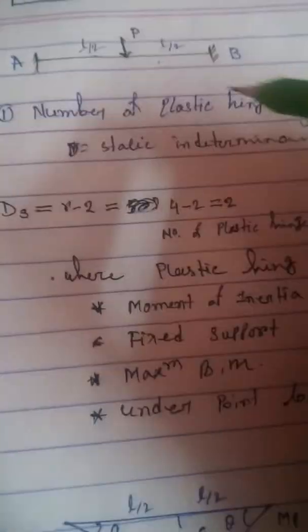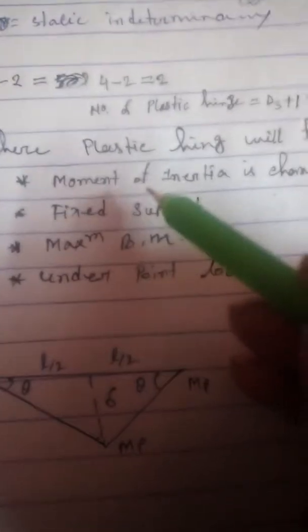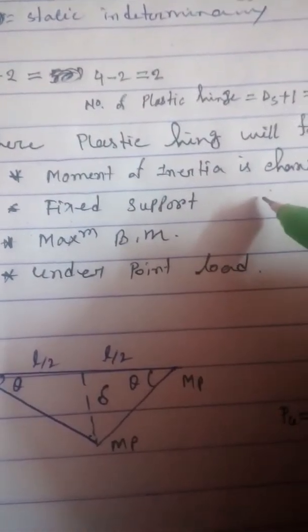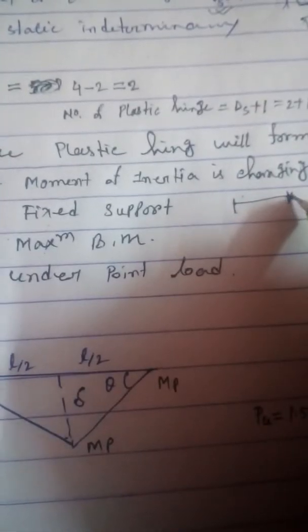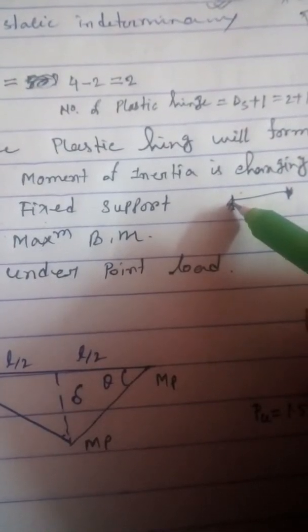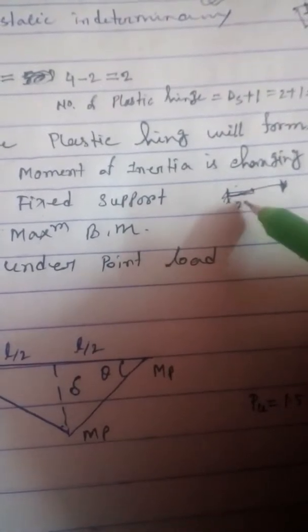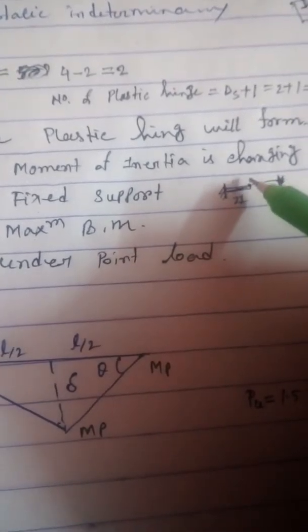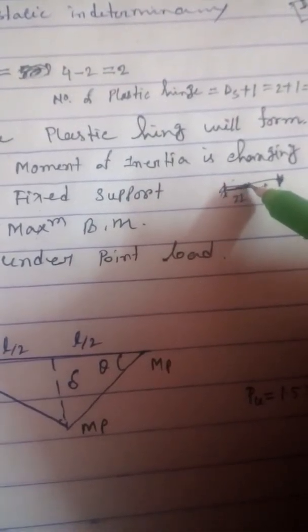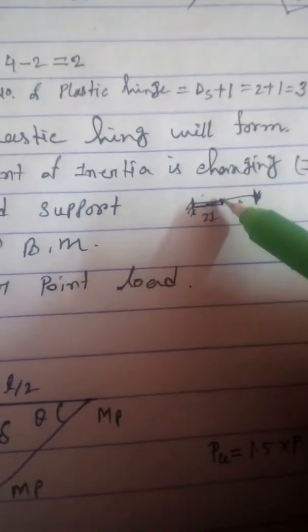Okay, number 1, where the moment of inertia is changing. Suppose it's a fixed beam, the moment of inertia of this portion is 2I and this portion is I. So plastic hinges will form at this point, because at this point the moment of inertia is changing.